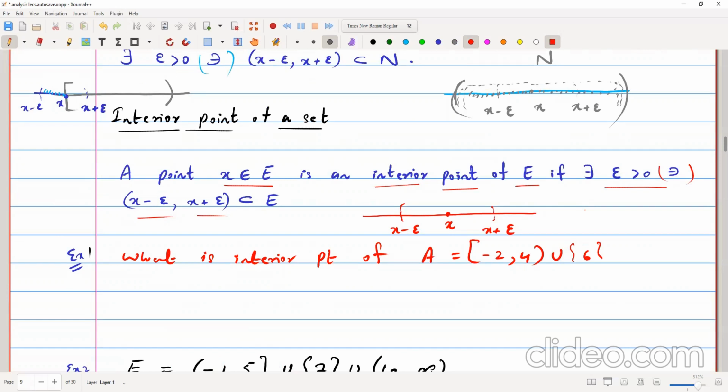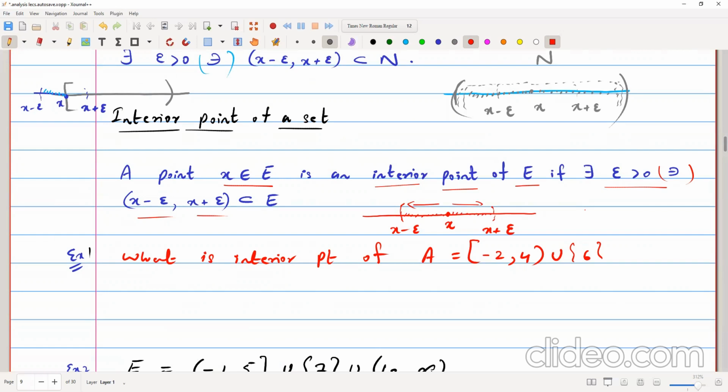If we move from x to the right and to the left and all these points are contained in the set, then they are called interior points.